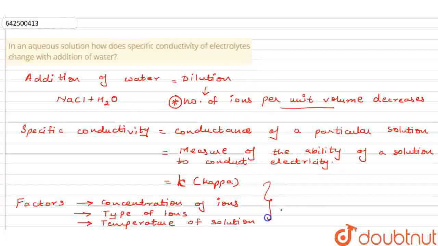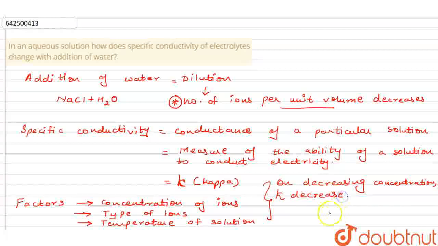So in short, from all of these concepts, we know one thing very well: on decreasing the concentration, conductivity or specific conductance is going to decrease.